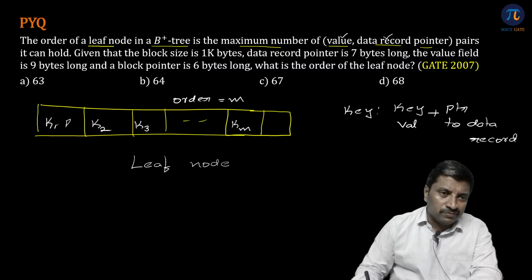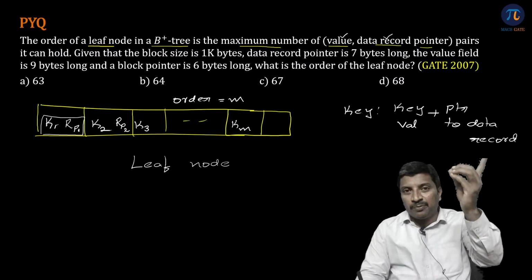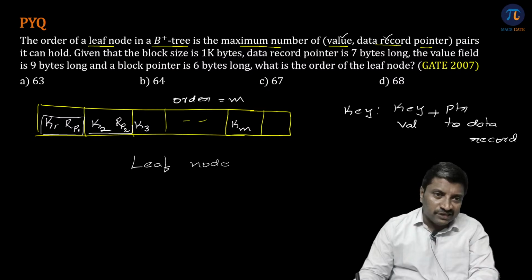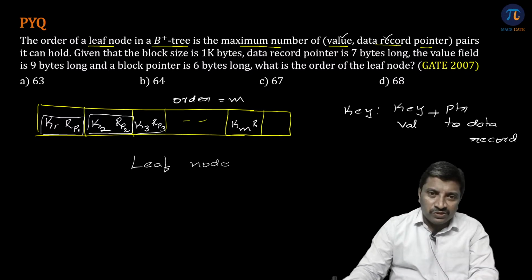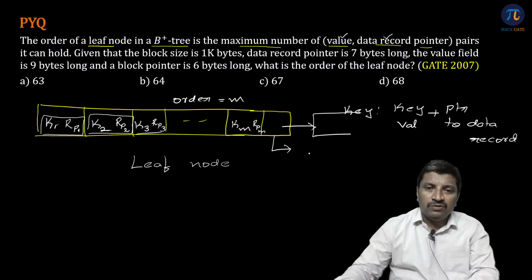So this is record pointer 1, record pointer 2, because in my intention a key is a combination of the key value and the pointer to the data block which contains our key value. Similarly, the same story for the second key, and you can write for the third one also. The last one also the same, sir. What about this last slot, sir? This is the pointer to the next leaf node. Okay, so it's a child pointer to the next leaf node.